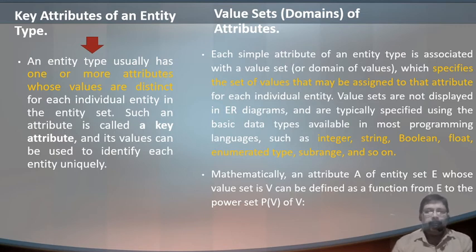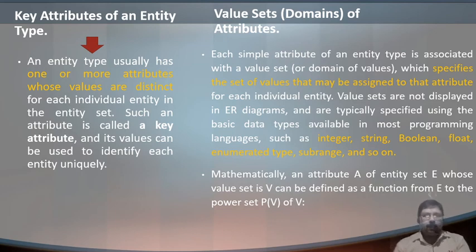Like that we have defined different types of values an attribute is going to accept. So domain means the set of values, or the domain is a value set, meaning what type of value an attribute is going to hold. For example, the name of the employee we have taken as a varchar, which specifies that name will be a character or string type of data.